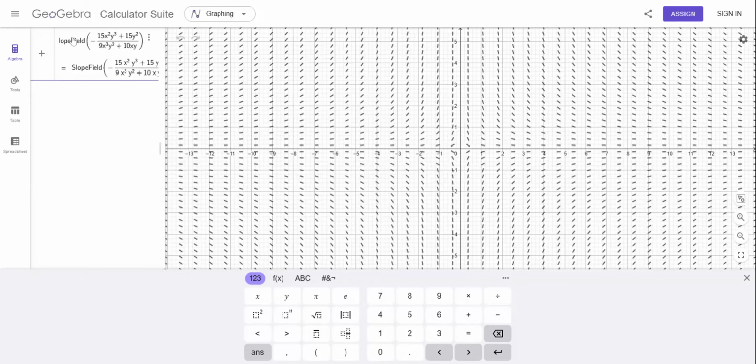This is like the right side if you say dy dx equals. If you divide through by dx and move things around, you get dy dx equals this here, I believe. I'm just going to double check that. Okay, so there's a slope field apparently like this for the differential equation.